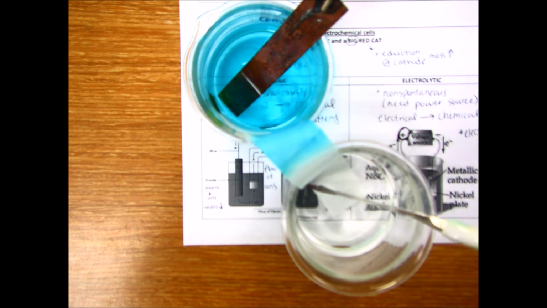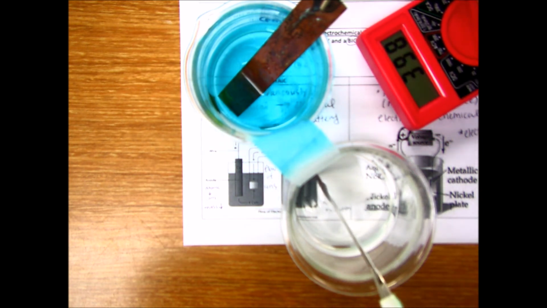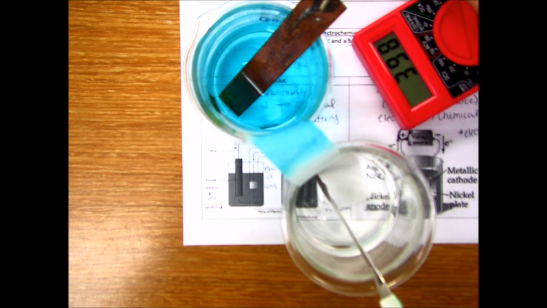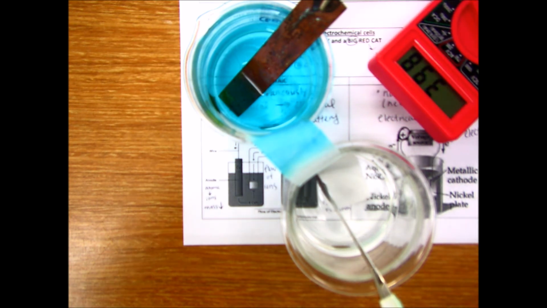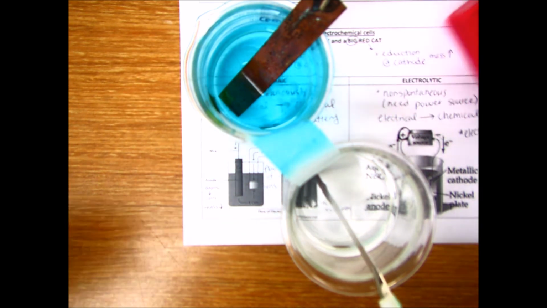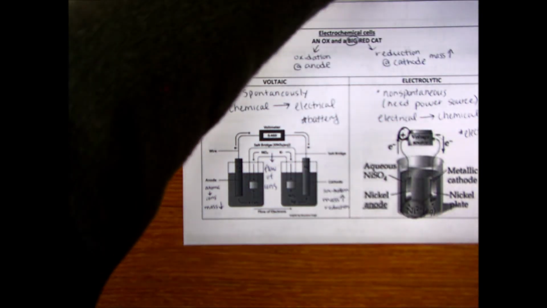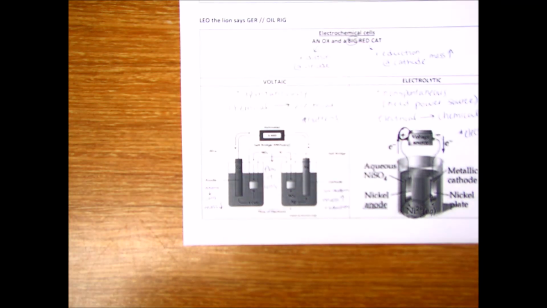Alright, and I've got a voltmeter hooked up. You can see that it is in fact conducting electricity. The electrons are going from the anode to the cathode. Remember that little annoying song? I will not sing that for you, but you can look that up on YouTube if you want some extra help.